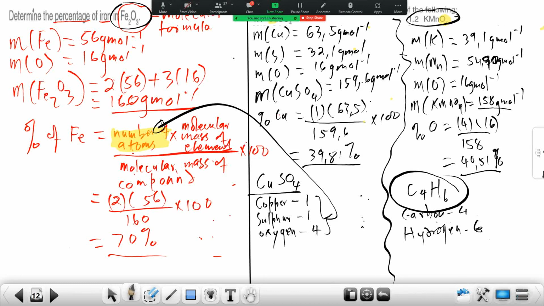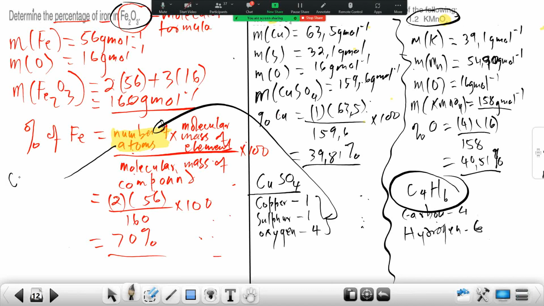Like I said, here in percentage composition, we are interested only in how much percent copper contributes to the whole compound, which is copper sulfate. So we look at the number of atoms. Maybe I must also highlight it here.